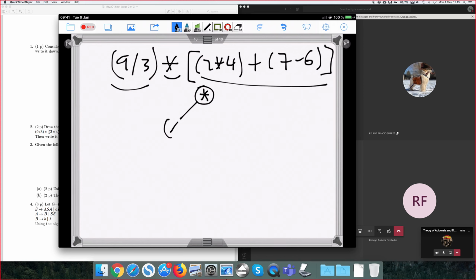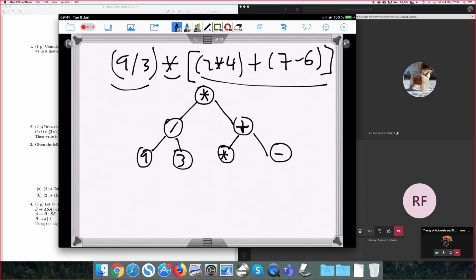So here we have a division with 9 and 3, and then here an addition because of the brackets, and then this multiplication and this subtraction. So 2 and 4, 7 and 6. Any question about how to obtain the tree?